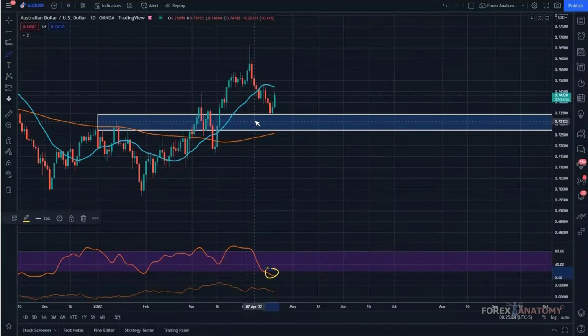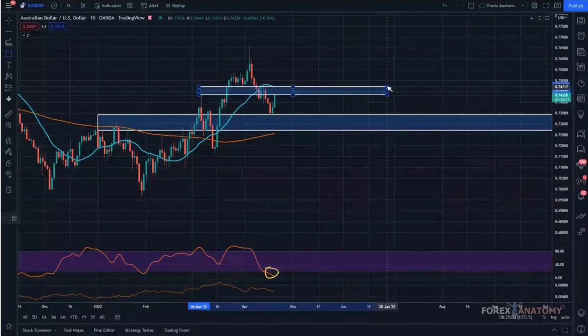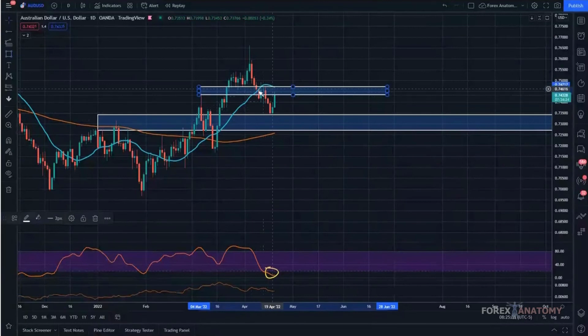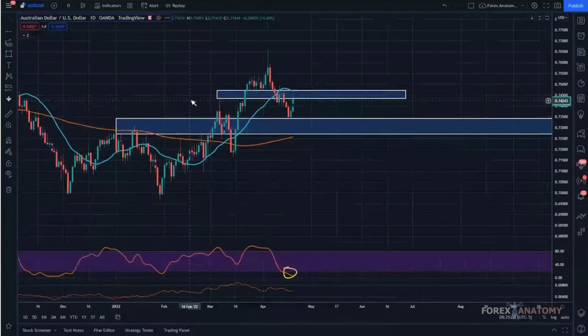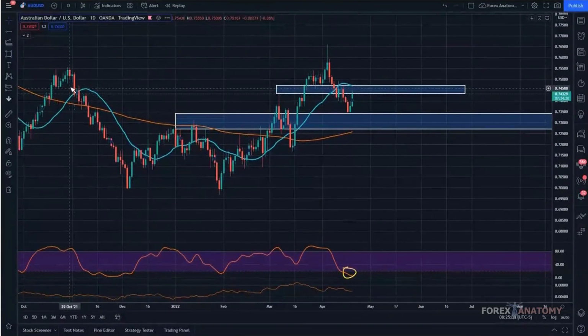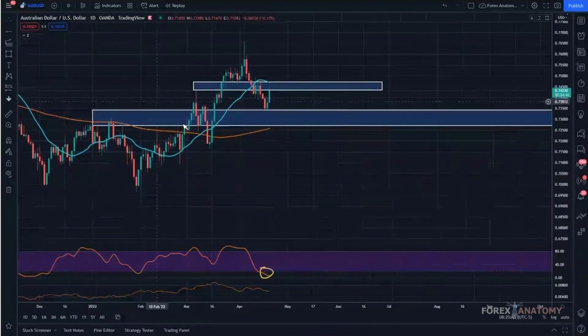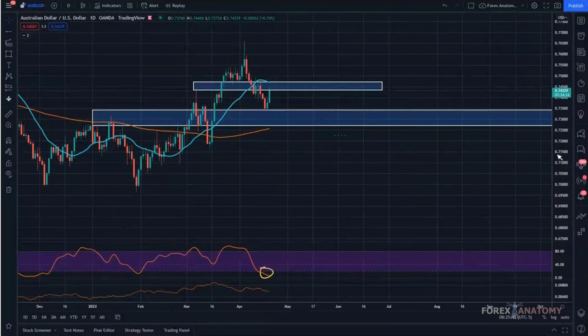But again, this one right here is kind of tricky because if you look at it, we are testing structure right around here as well. So anything can happen because we're testing this area of structure, and it coincides with what we have in this area right here. So this one is going to be a little bit tricky.